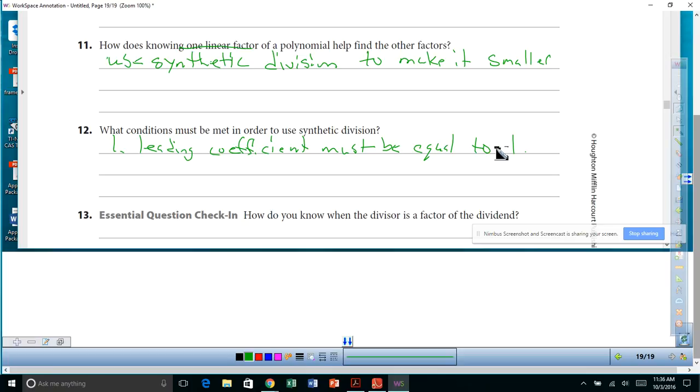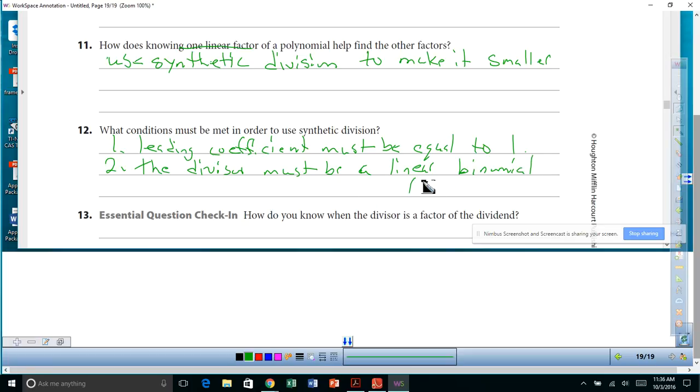And the second one is the divisor must be a linear binomial.